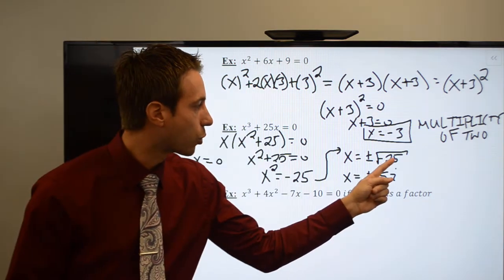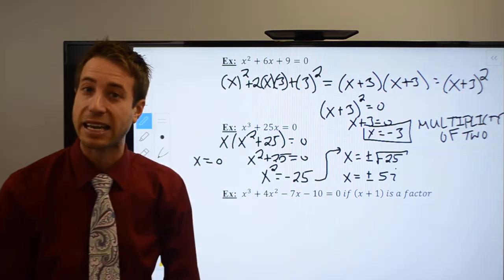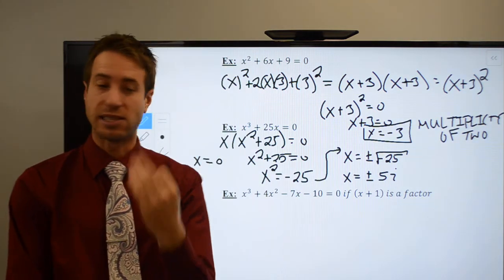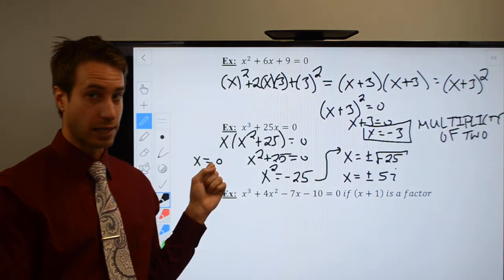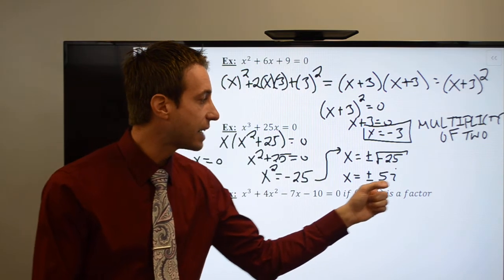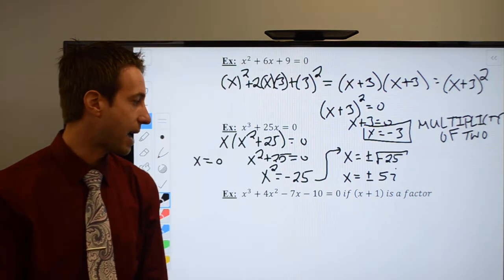Because the square root of 25 is 5, and I pull out the square root of negative 1, which becomes my i. And so I have 3 zeros. I have x equals 0 as a real 0. I have plus 5i and minus 5i as my other 2 zeros. They just happen to be imaginary.